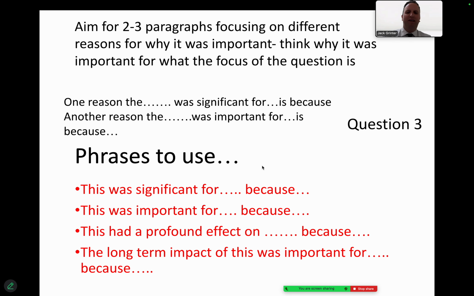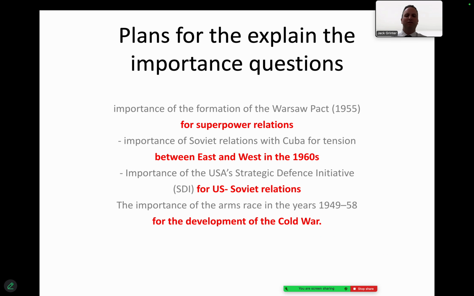The question often asks what was significant about the event for a particular focus. These are some example ones I've done before. Superpower relations, which means the relationship between the USA and the Soviet Union. Or tension between East and West. Again, East and West is the Soviet Union and the United States, with the Soviet Union being East and the United States being West.